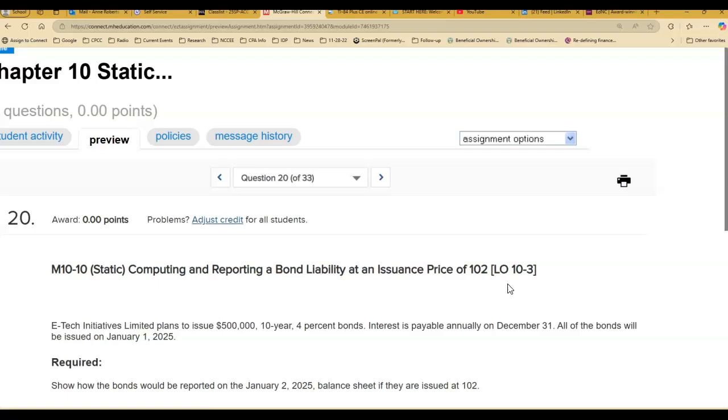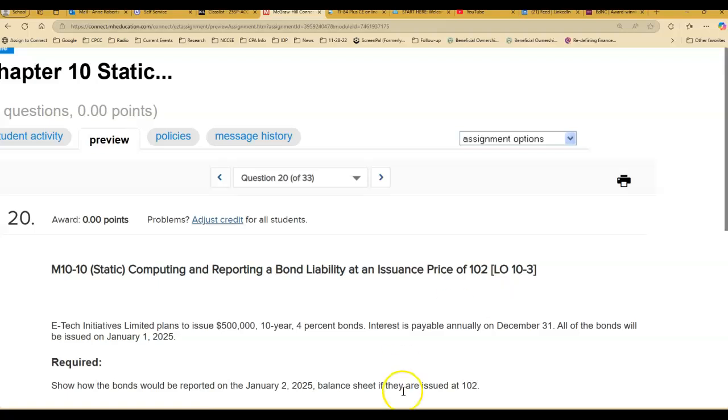What assumption can we make about market rates? Higher or lower than 4%? Lower, because now our 4% bond is looking awesome. A couple of years ago, that could very well have been the case because interest rates were near zero, and if we had issued a 4% bond, people would have pounced on that like crazy.